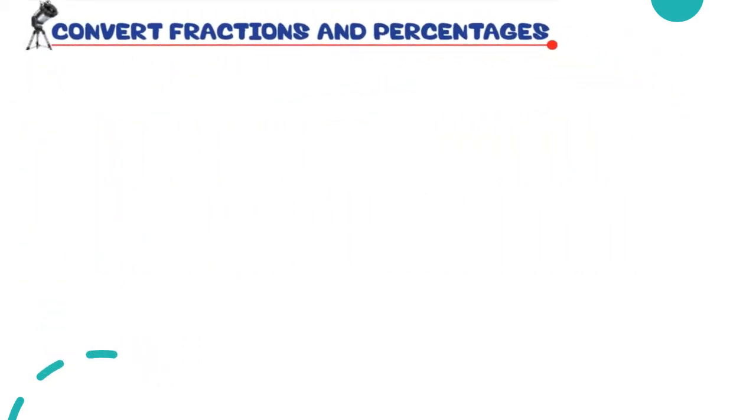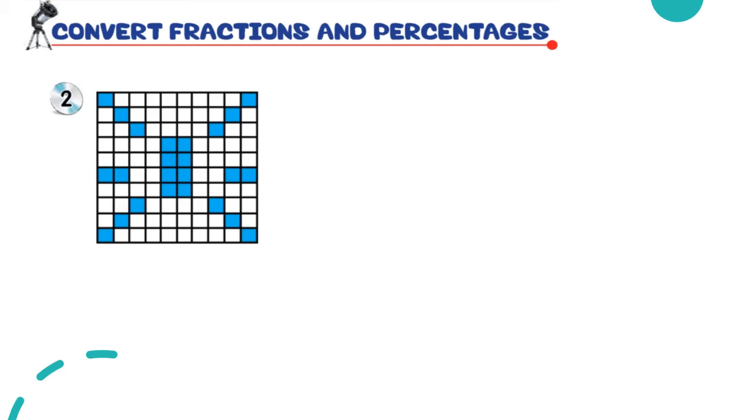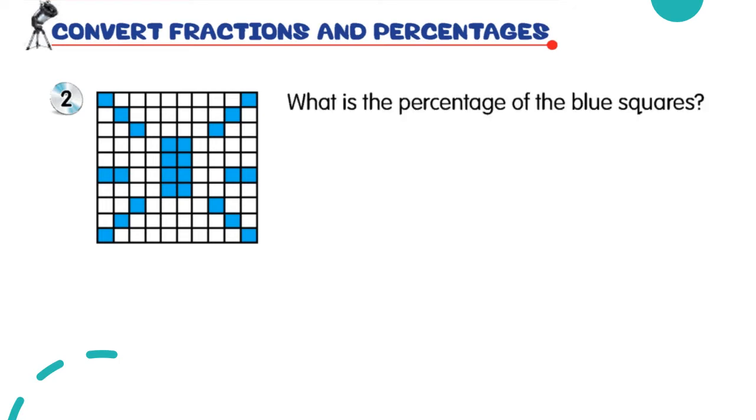For the second question, we are still using the 100 grid. As you can see, there is a blue shape and white shape. The question asks what is the percentage of the blue squares. So we have to count how many blue squares there are.